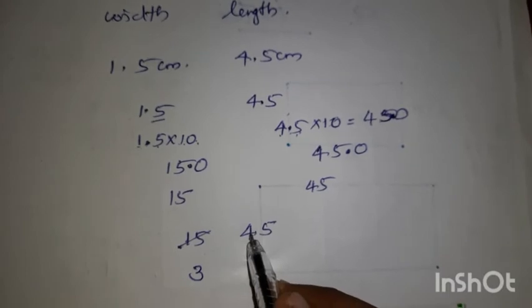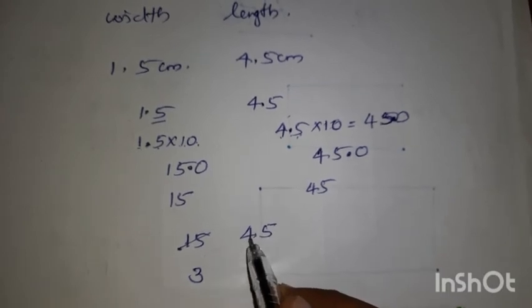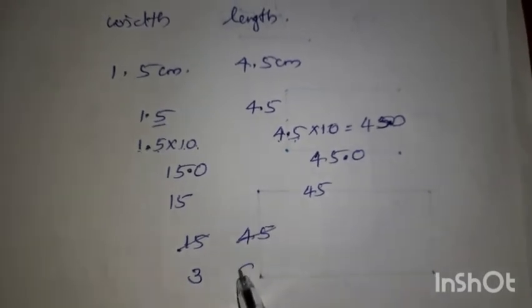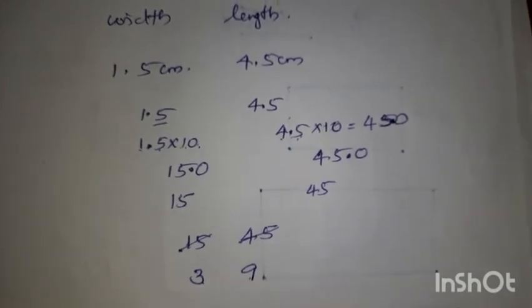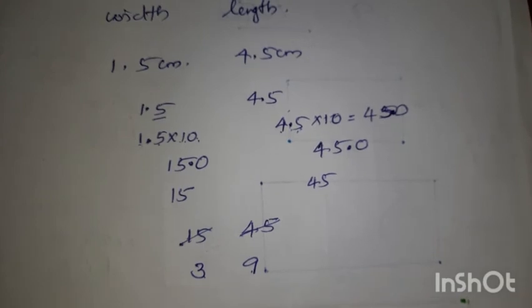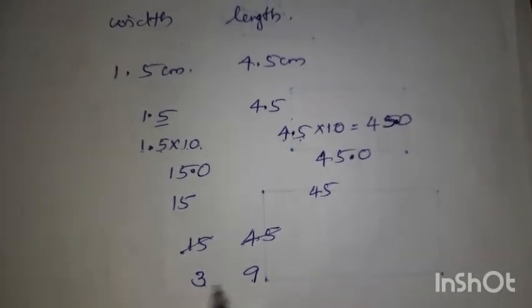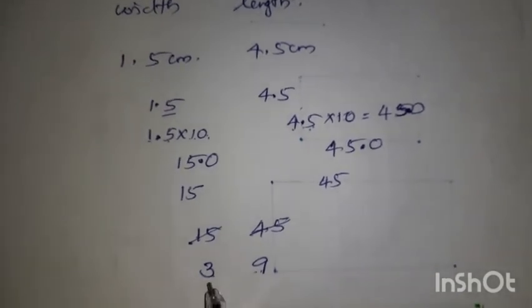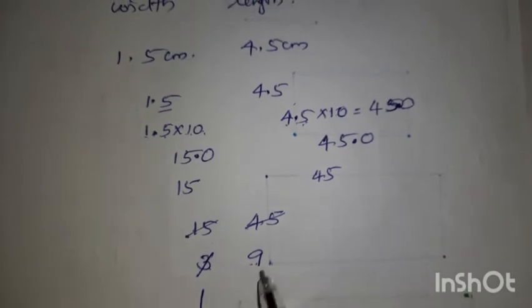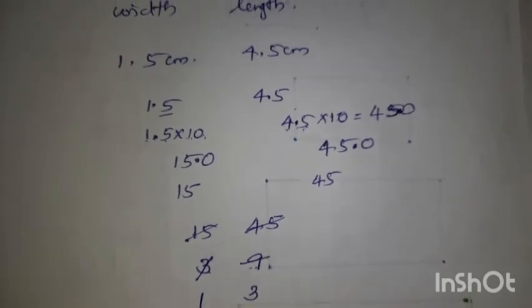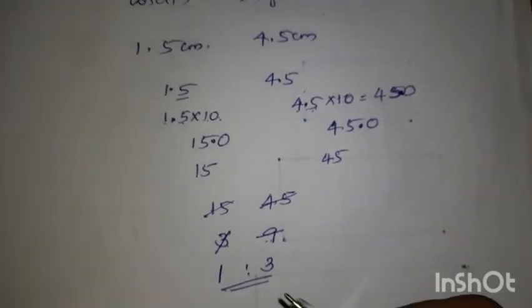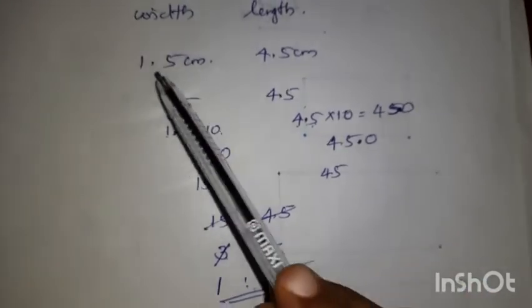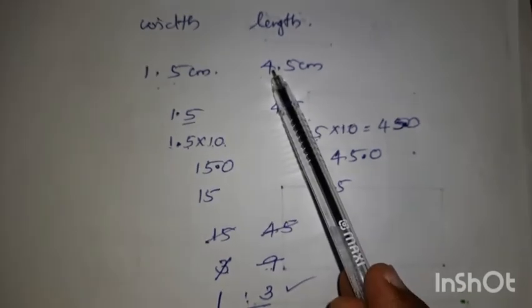Then 9 5s are 45. You got 3 and 9. Again you can divide by 3: 1 and 3. So 1:3 is the ratio. 1:3 is the width to length ratio of this one.